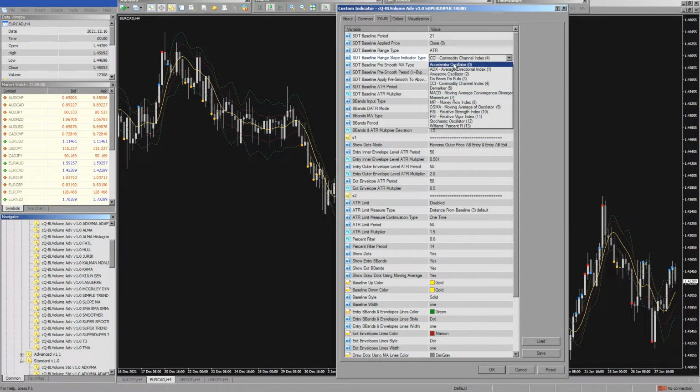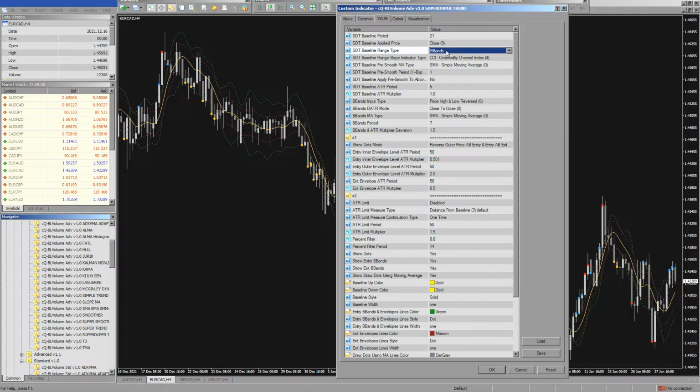So what I've added here is B-bands instead of ATR, which will give you a slightly different variation. And then I've added these slope ATR and slope B-bands. And what the slope is, it uses these indicators here. It determines the direction by the slope that the oscillator is producing at the time.